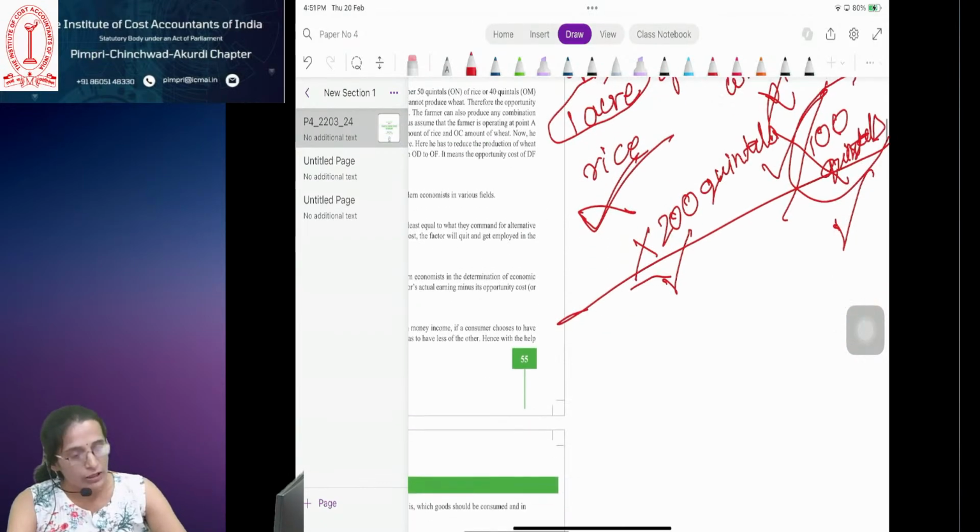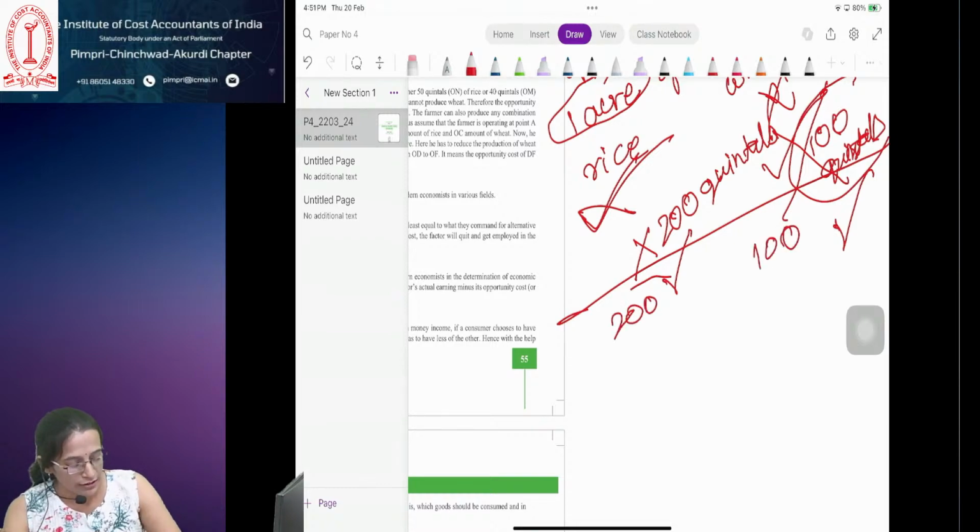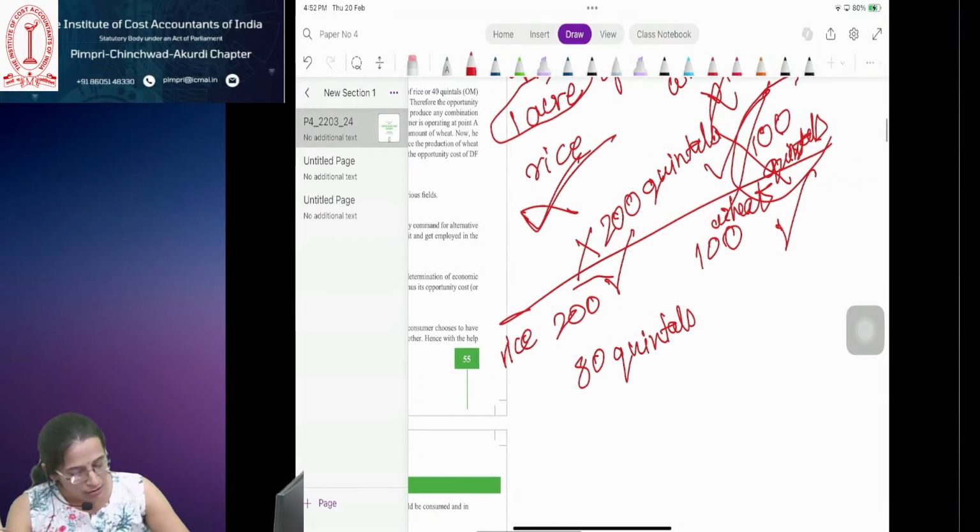So now if we produce completely rice, or completely wheat, this is 200, 100. This is rice, this is wheat. What I do is I produce 80 quintals of rice. What is happening then?